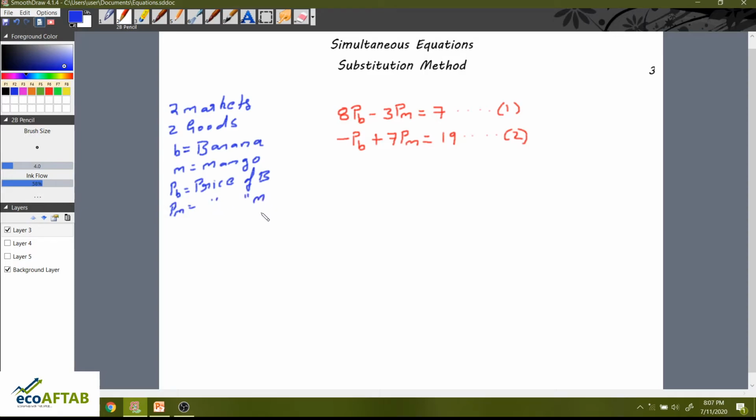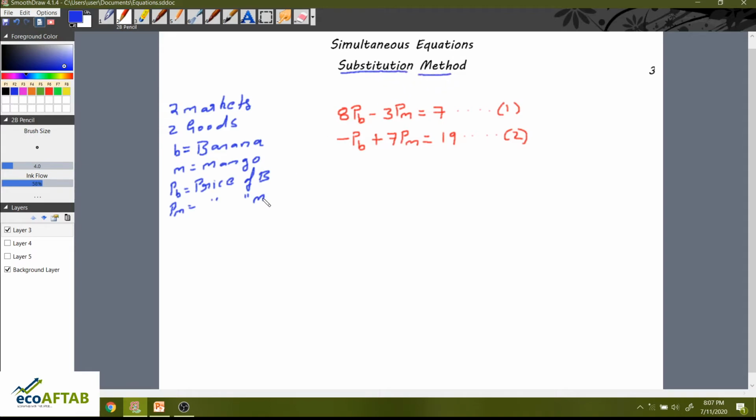So in these equations we have the equilibrium condition for the two markets of banana and mango, where PB and PM are the prices of banana and mango respectively. We want to know what the price of banana is and what the price of mango is.